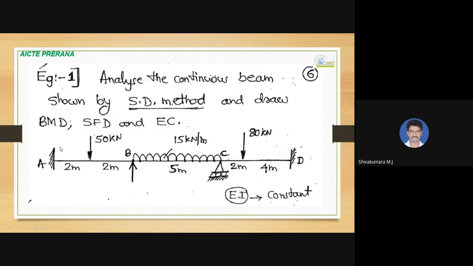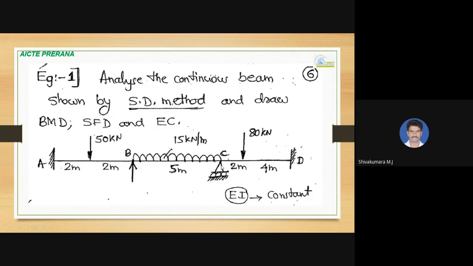However, moment will be there at A and at D. The forces acting on this beam are 50 kilonewton at midspan of AB, 15 kilonewton per meter throughout the length of BC, and 80 kilonewton at a distance of 2 meters from support C. And EI is constant, as given here.